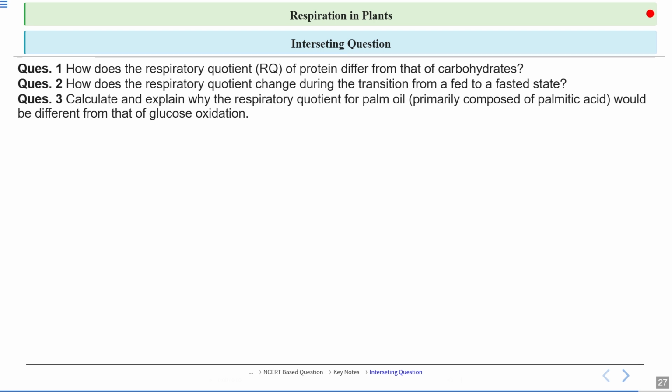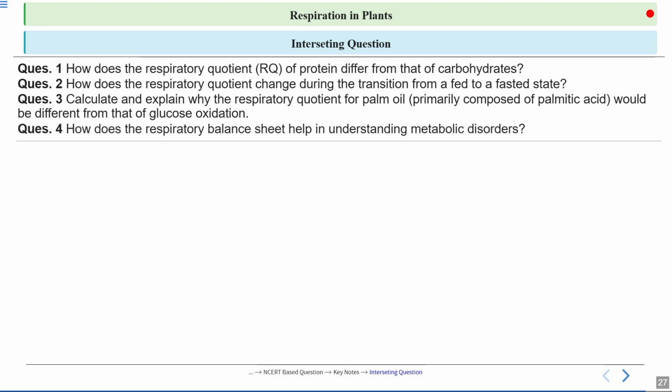Then calculate and explain why the respiratory quotient for palm oil, primarily composed of palmitic acid, would be different from that of glucose oxidation. Next question. How does the respiratory balance sheet help in understanding metabolic disorders?